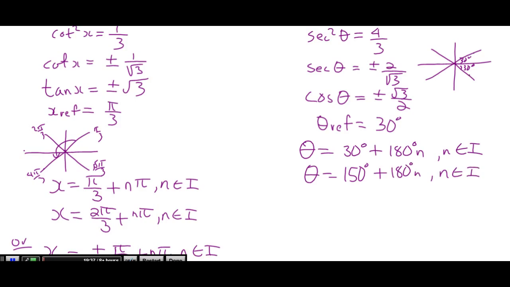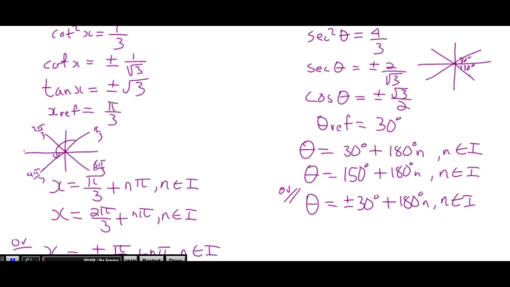Or you could just say, you can go plus or minus 30 degrees plus 180n. So what you need to do is just make sure: will I get a 30? Will I get a 150? Will I get a 210? Will I get a 330? So 30 plus 180 is 210. 150 plus 180 is 330. Okay, it's good. We're going to cover everything off, right?